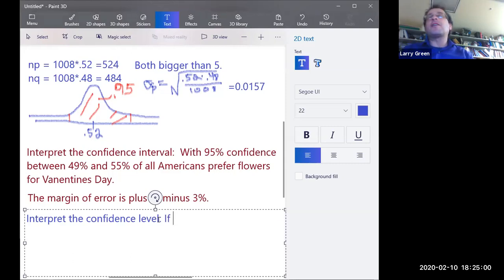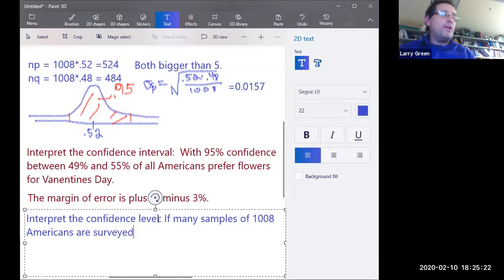And here's how we do it. Now we're going to go to the central limit theorem, because that's what we used. If many samples of 1,008 Americans are surveyed, so let's suppose that we're in the business of conducting surveys.